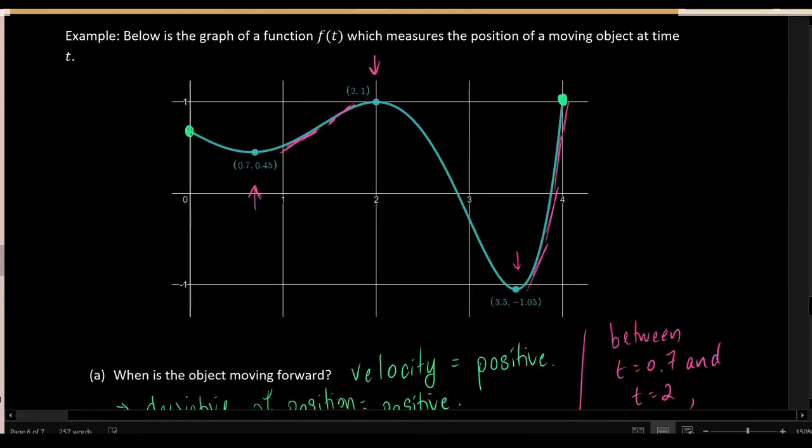Now looking at the graph, I see two more locations where overall the graph is pointed downward. The first location is between the initial time at t equals 0 and this bottommost point at time 0.7. If I draw any tangent line to the graph between those two points, the slope of that tangent line will be negative.